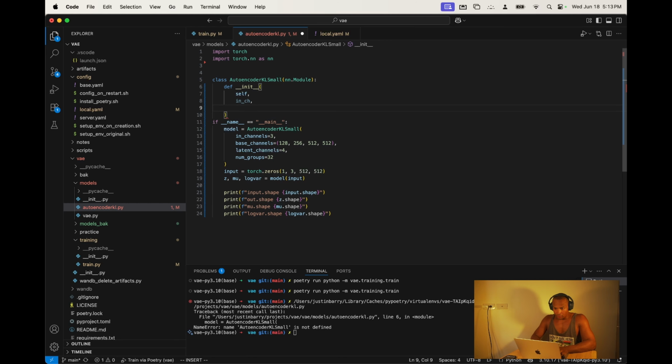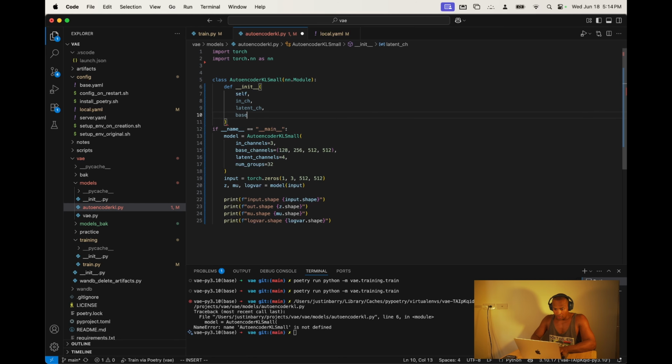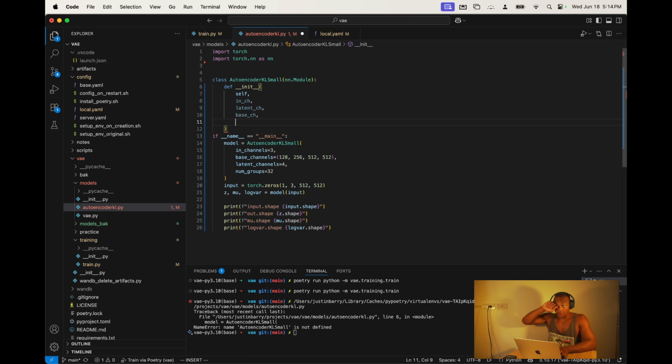Channel in channels, main channels, base channels. These are going to be basically the output channels of your intermediate layers. Latent channels are going to be 4. In channels going to be 3. So your spatial latents are going to have 4 channels.